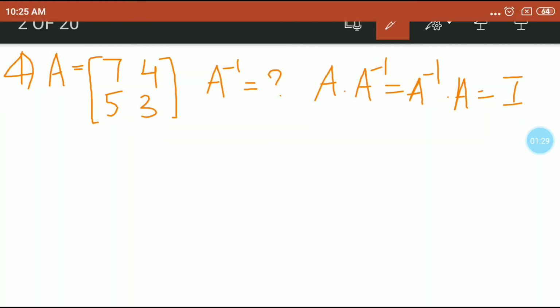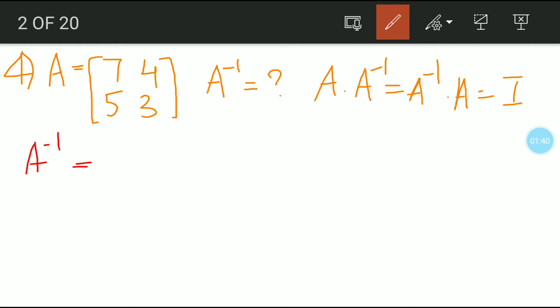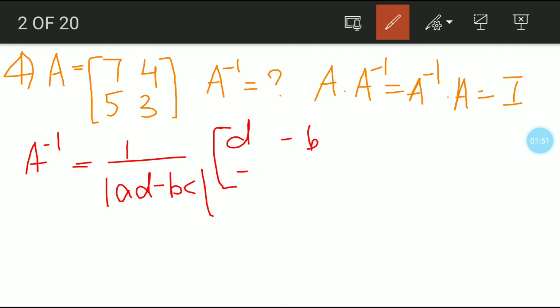So first we have to find A inverse. The A inverse formula I already explained. A inverse is equal to 1 by (AD minus BC) times the matrix [D, minus B; minus C, A]. Here 1 by AD minus BC is the determinant, I said.